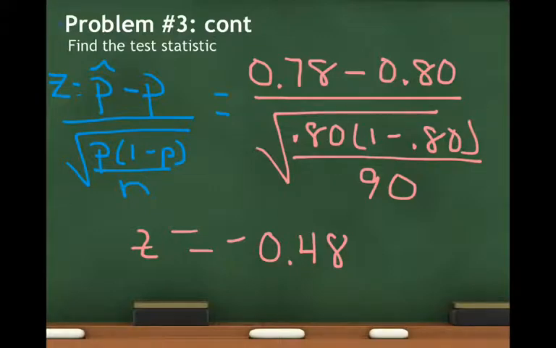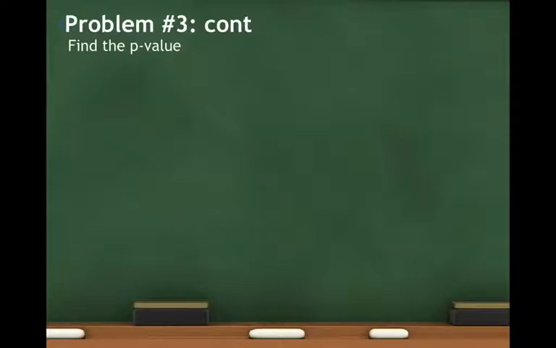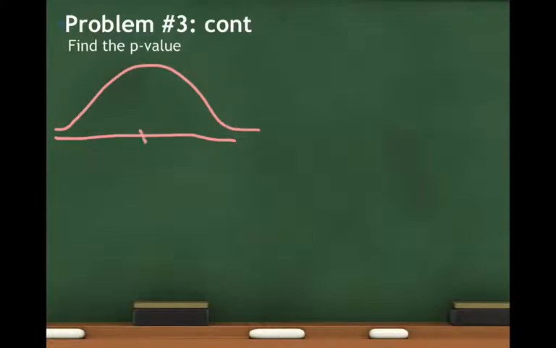What we want to do next is look at our p-value. Let's think about this. Here's our normal curve. If we're looking at our z-score, the mean is at 0. Please pretend this looks somewhat symmetric. We found our test statistic as minus 0.48. We are looking to see if it's less than, and so we want to find this area underneath the curve.